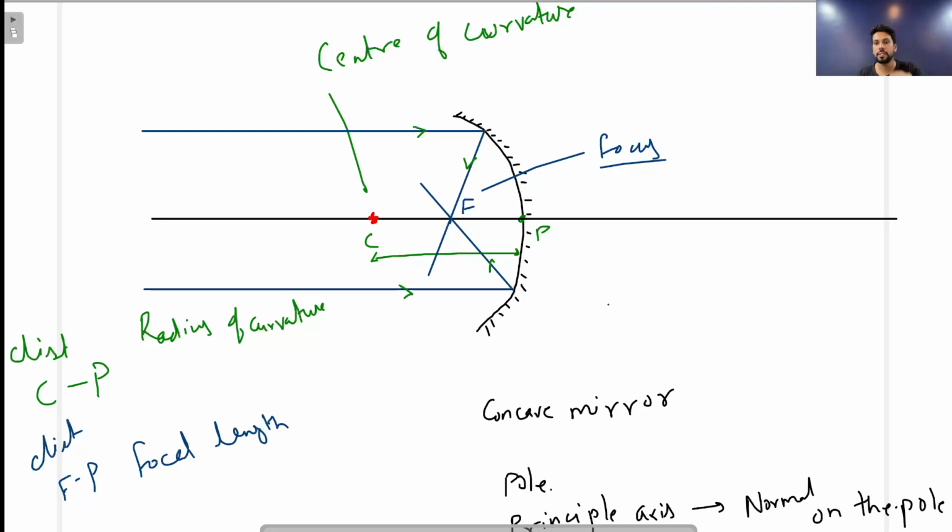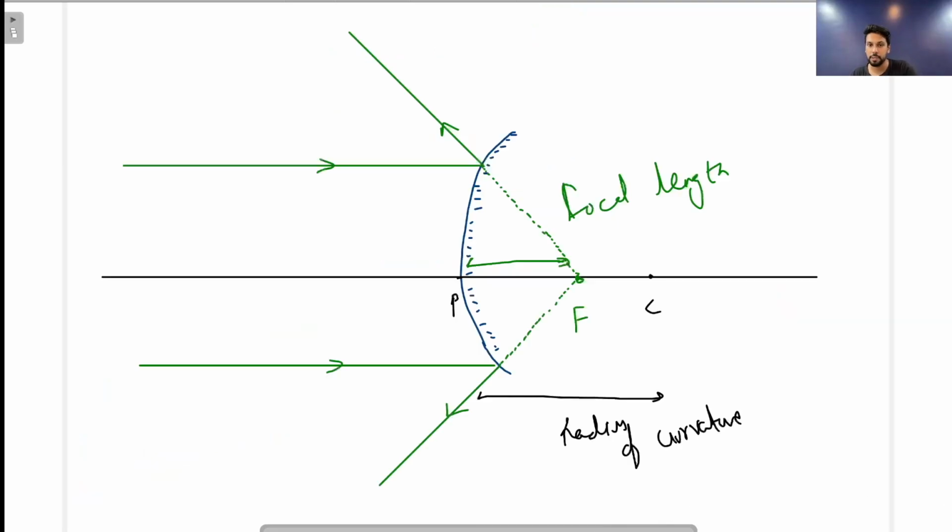The focal length, small f, is half of the radius of curvature for any mirror, either a convex mirror or a concave mirror. That is very important.